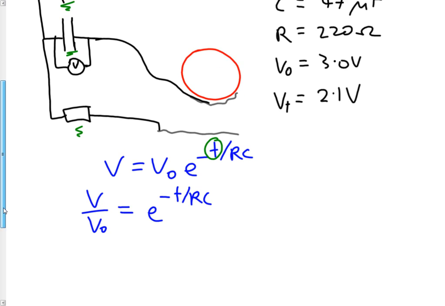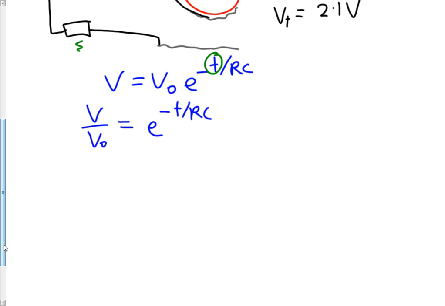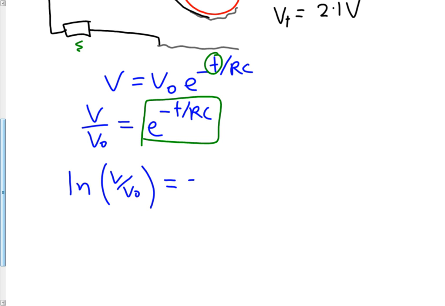What we can now do to both sides is take the natural log of both sides. That's going to sort out this e to the minus thing here. Okay, so if we do ln V on V naught, that's going to equal minus t on RC.